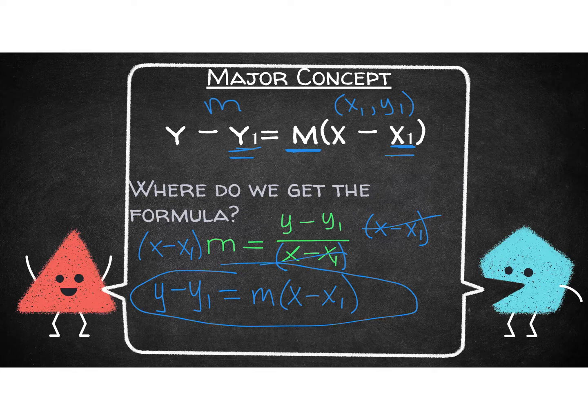And then if we want to take this a step further, we can distribute our m in like that, and then add our y1. And then we have y equals mx minus whatever m times x1 is plus y1. So this stuff right here, that is just your b.